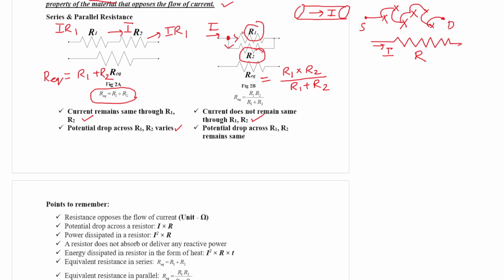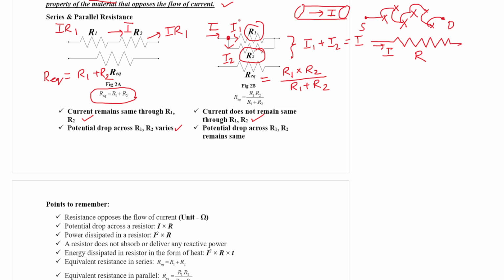It will bifurcate into two directions. One current should be I1 and one current should be I2. So for a parallel circuit, I1 plus I2 is equal to the total current or supply current I.